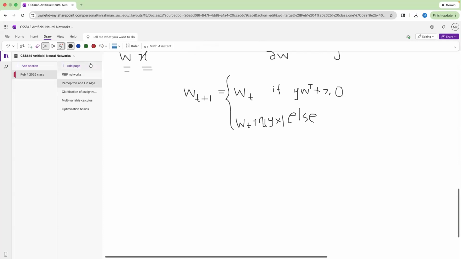So we can make that formal with a theorem, which we're going to try to prove, which is called the perceptron convergence theorem.